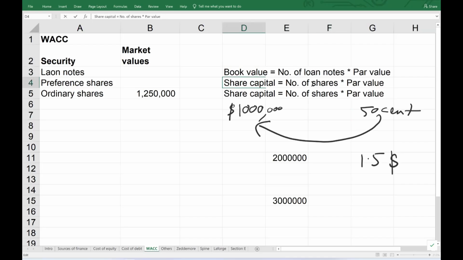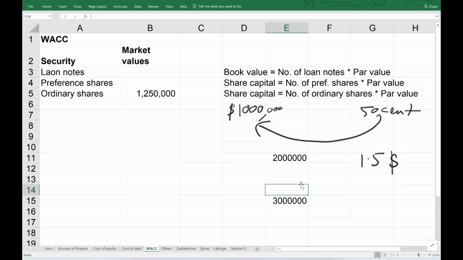Share capital, number of ordinary shares multiplied by par value.